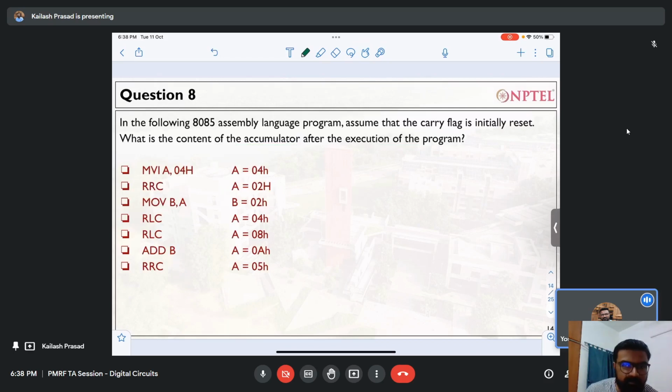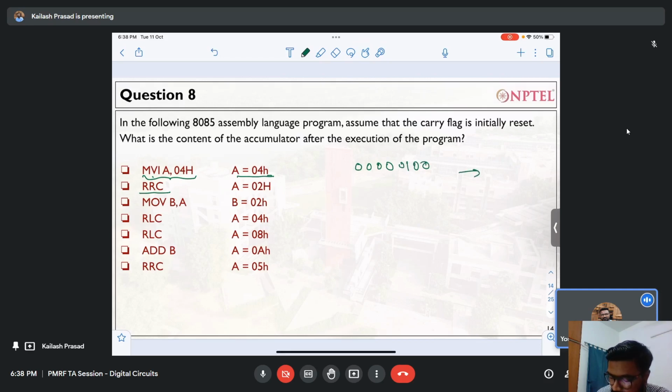Whenever I write MVI A equal to 04H, A becomes 04H, that is simple, right? Then what we have written is RRC, which means right shift. Let me write this in binary: 0000 0100, and you right shift this by 1 bit.